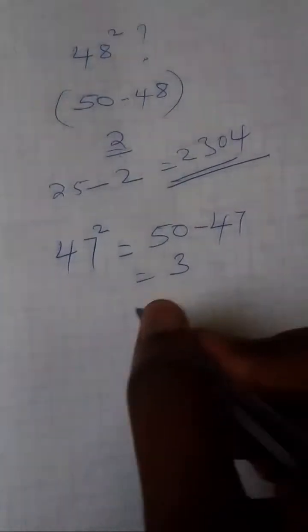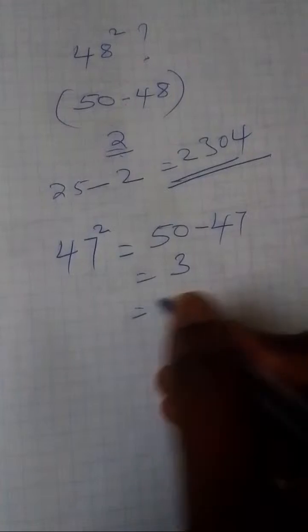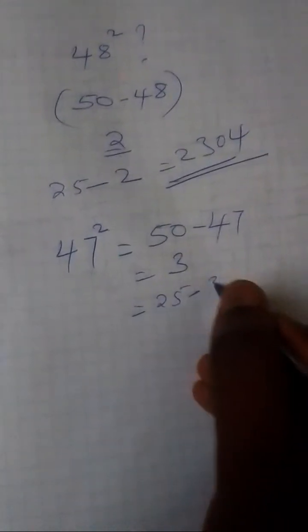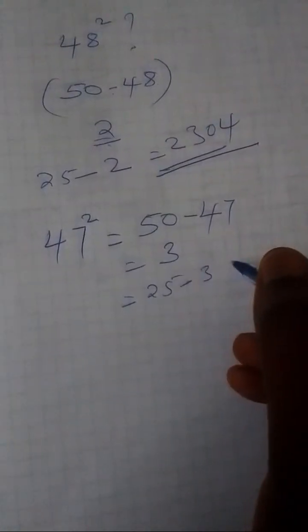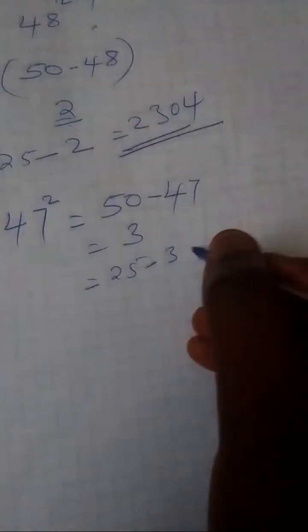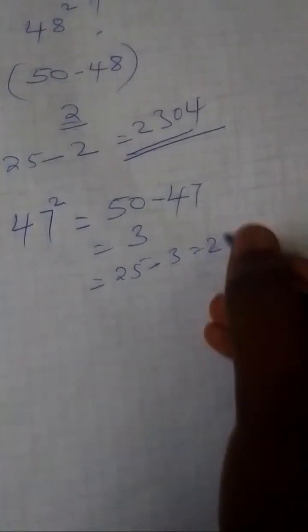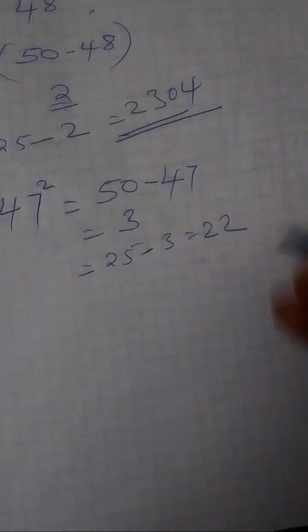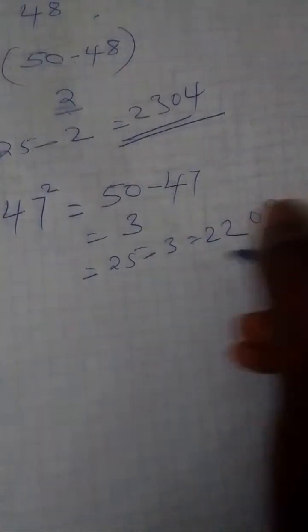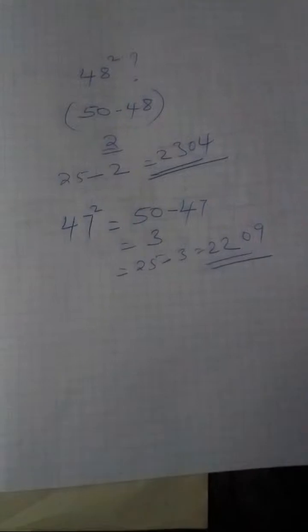Then once we have 3, we take 25 again, subtract from 3. And the answer that we shall get is 22. Once you get 22 as the answer, then you square this 3. And 3 squared is 9. So the answer is 2309.